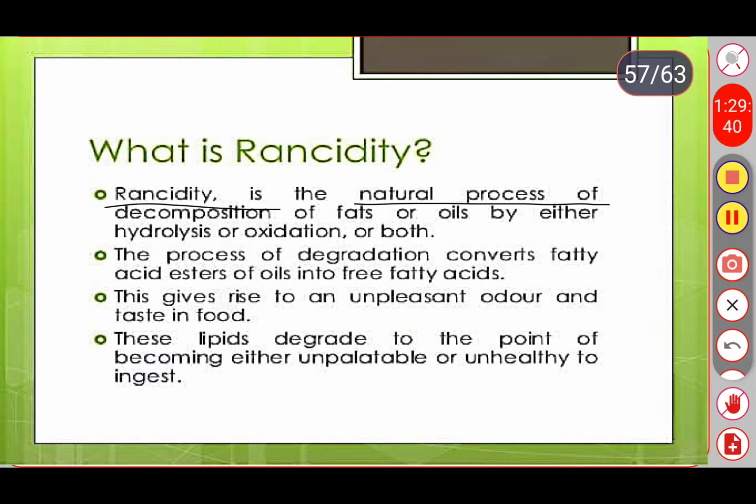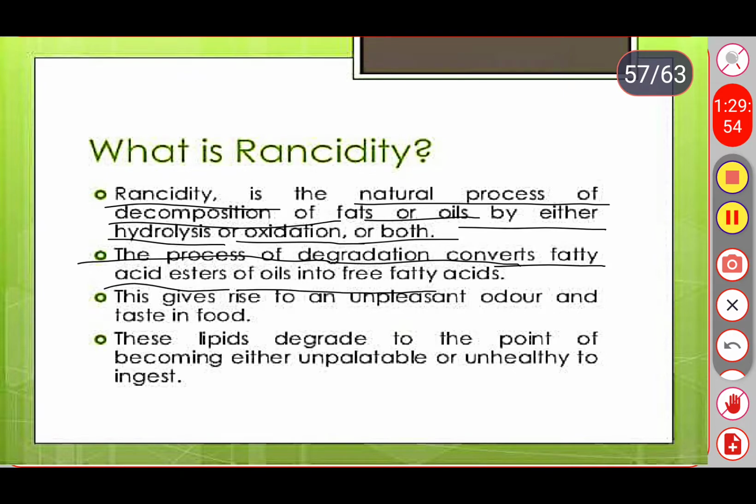That is also called rancidity. This gives rise to an unpleasant odor and unpleasant taste in food. These lipids degrade to the point of becoming either incapable or unhealthy to ingest.